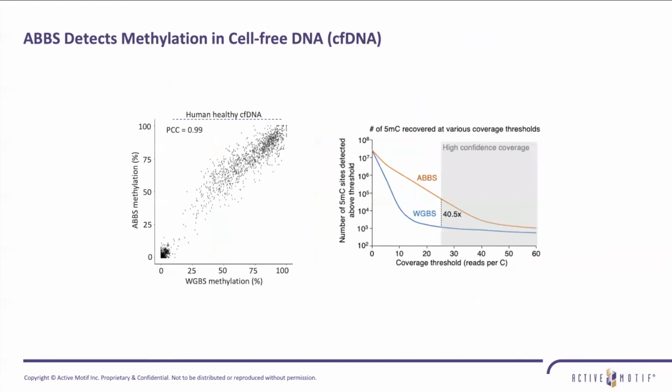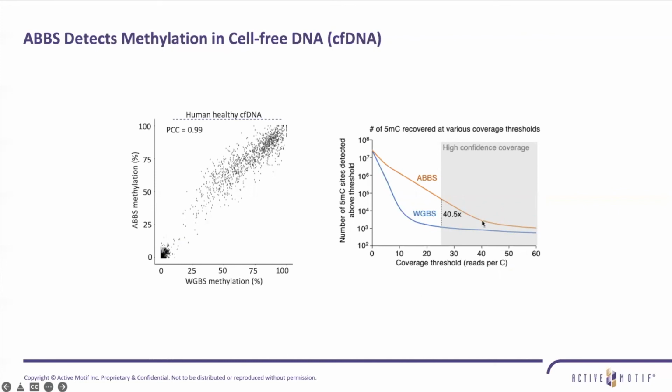And finally, ABBS is also able to detect methylation in cell-free DNA. For that, we used human healthy cell-free DNA, and we performed ABBS or WGBS and compared the data. We can see that we have a very good correlation in terms of percentage of methylation, with a PCC of 0.99.